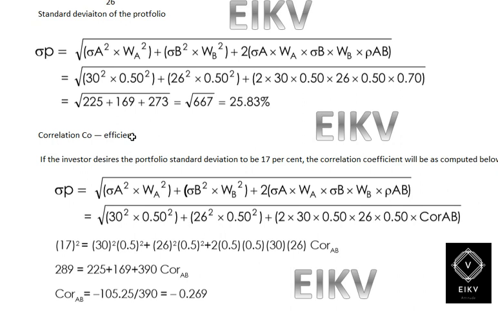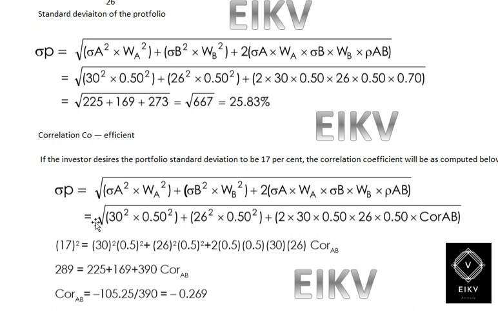Now if the investor desires the portfolio standard deviation to be 17%, then the correlation coefficient will be found using the formula for computation of standard deviation: standard deviation of portfolio is equal to root of standard deviation of A square into weight of A square plus standard deviation of B square into weight of B square plus 2 into standard deviation of A into weight of A into standard deviation of B into weight of B into correlation of AB.